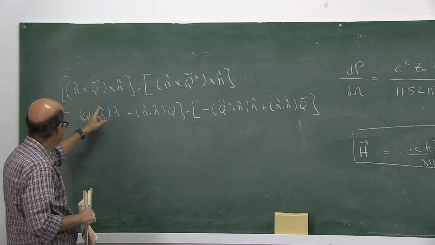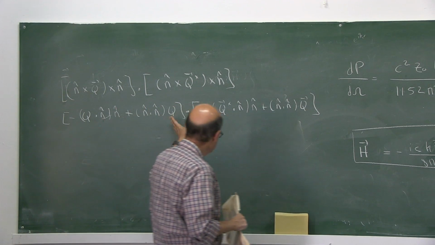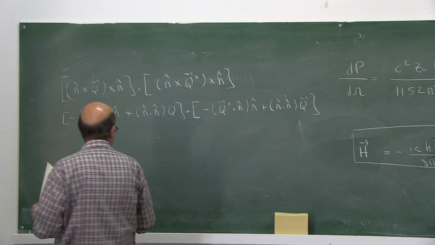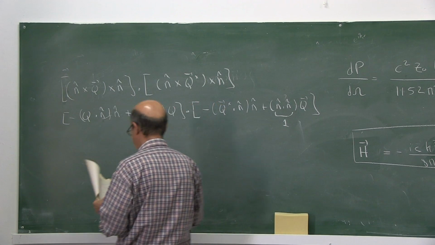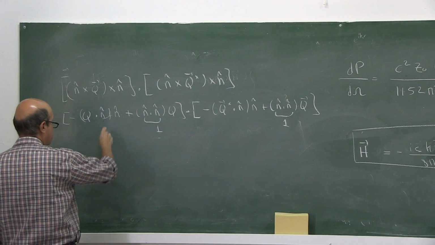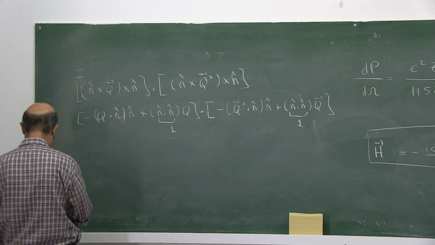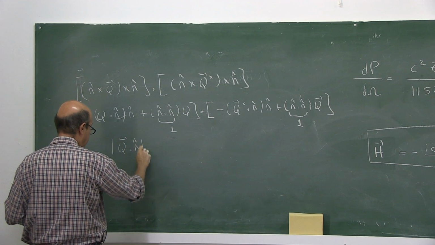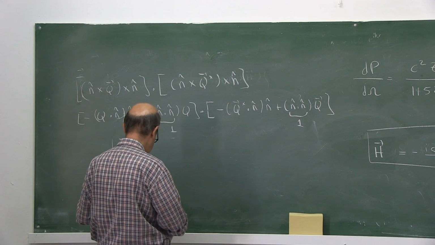Whether the sign is correct or incorrect, in both sides it will be the same, so the result doesn't affect it. This is 1. This is 1. So if you look at this scalar product, that term will be what? Q dot N squared, Q dot N times Q dot N squared.